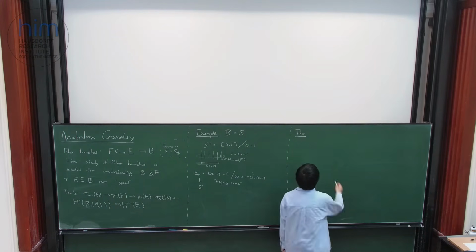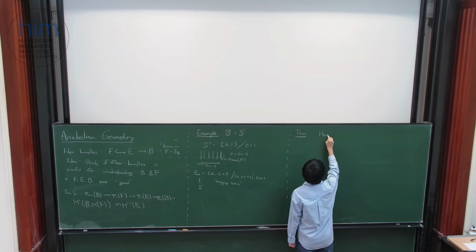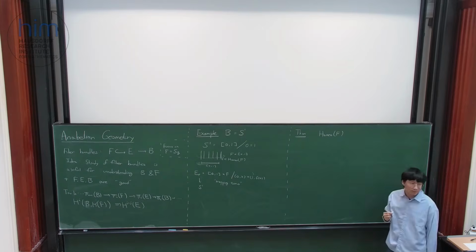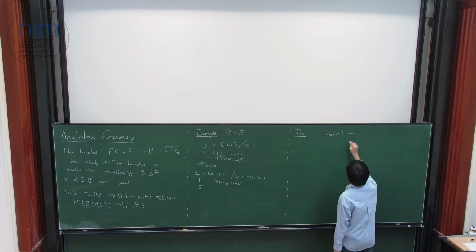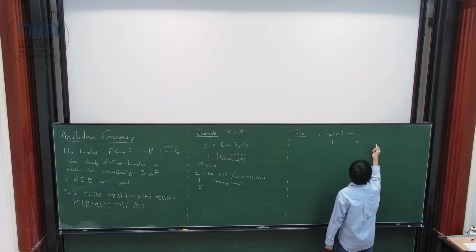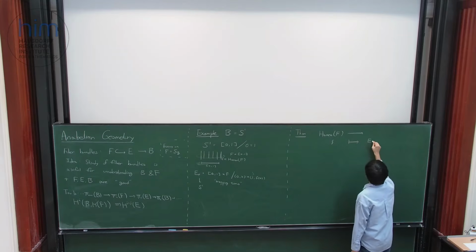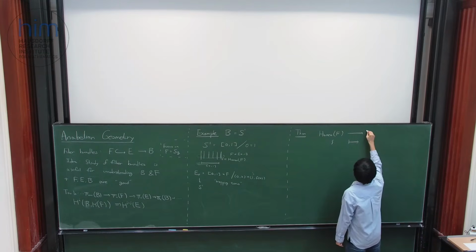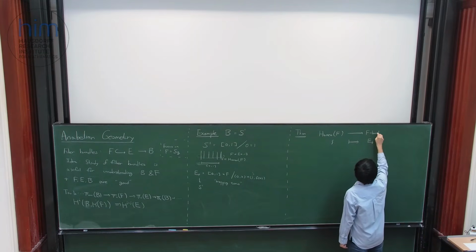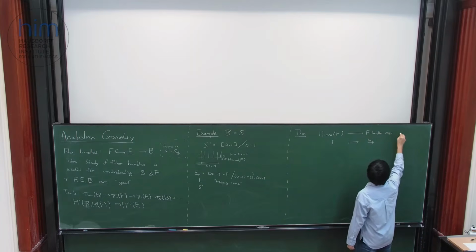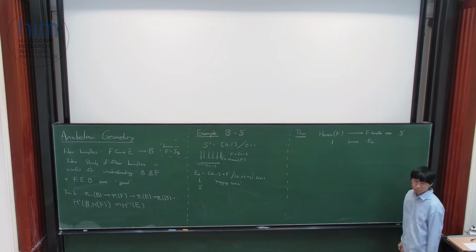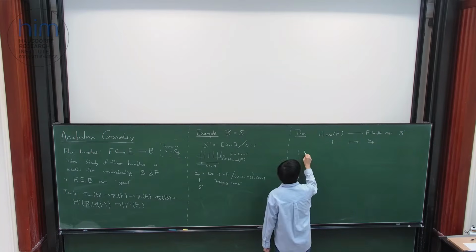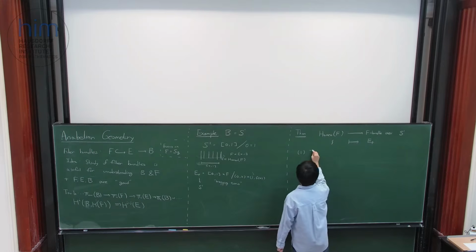If you have an element f in the homeomorphism group of F, then by associating the mapping torus using f, you can construct an F-bundle over S^1. An interesting fact is that this is indeed surjective.